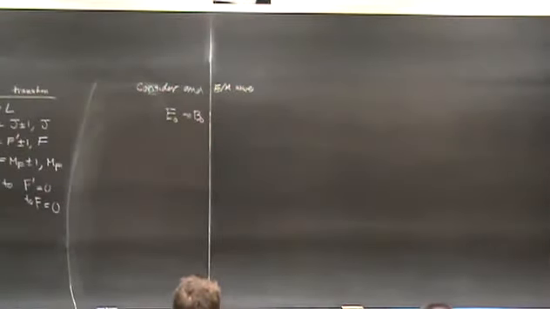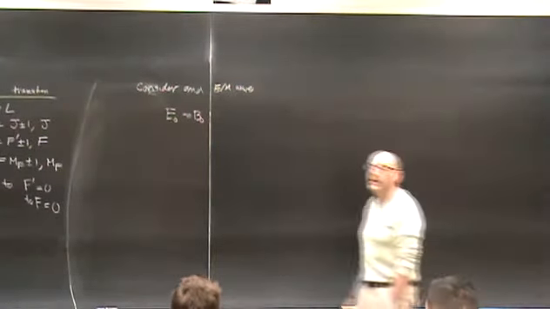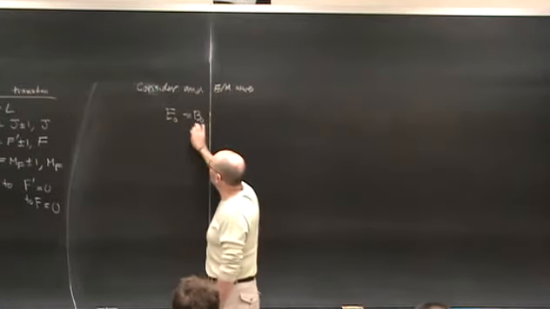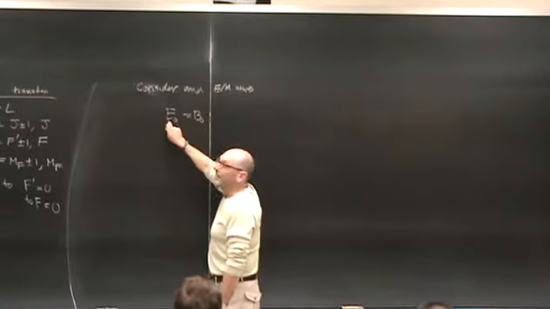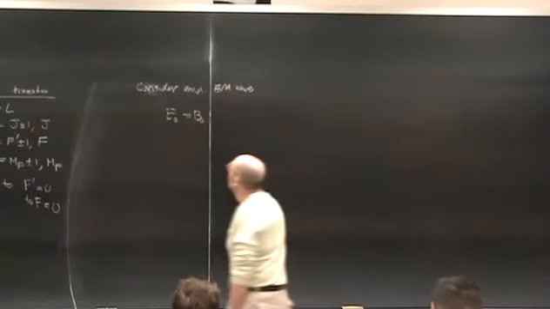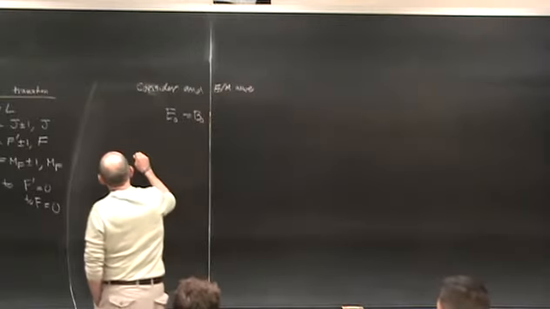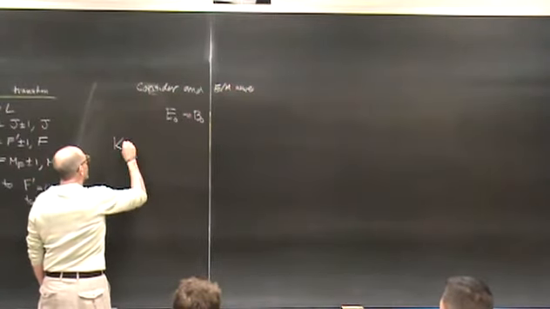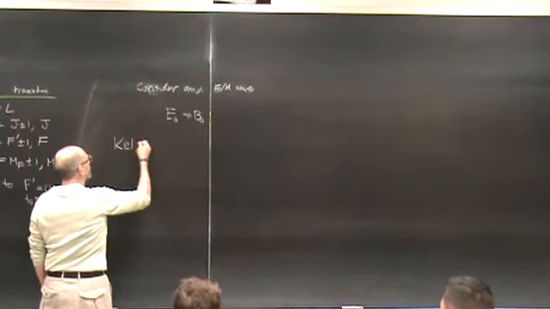You can write E in Gauss if you like. So now I have two transitions, excited to ground.